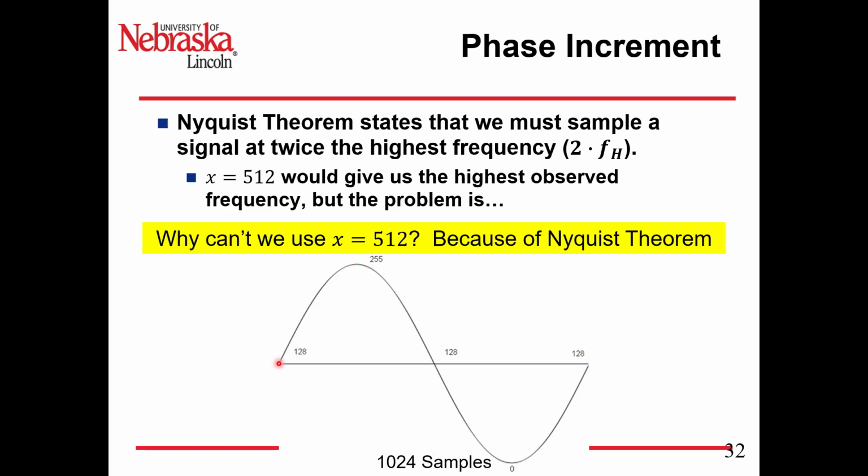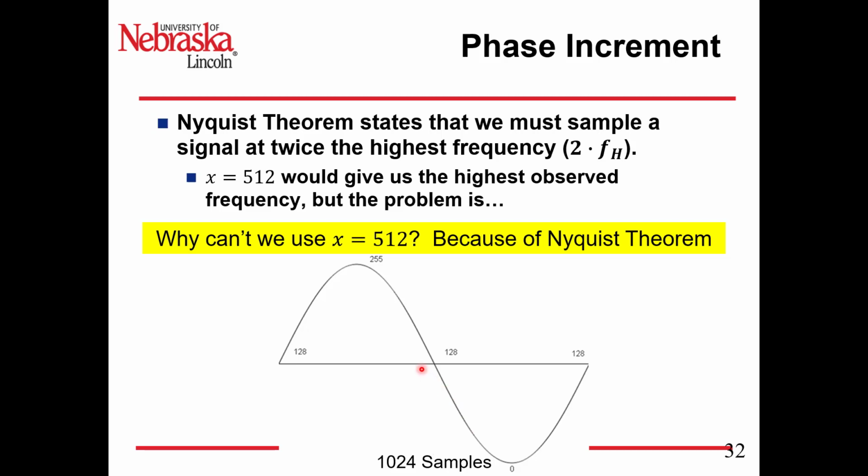So if I sample here and here, I'm just going to get a straight line. I need to sample twice that to actually get a good value out of this. So hopefully we get a value here and then the extremes, for 4 values with our Nyquist theorem.